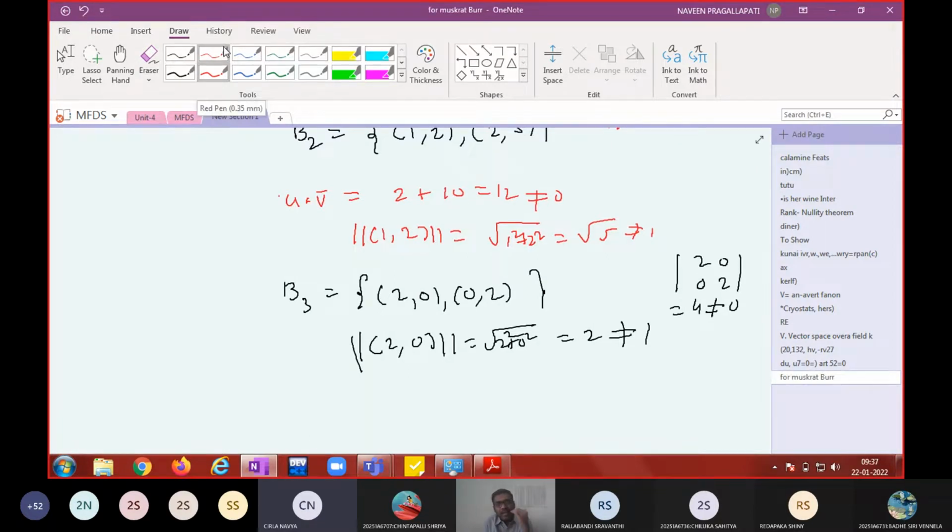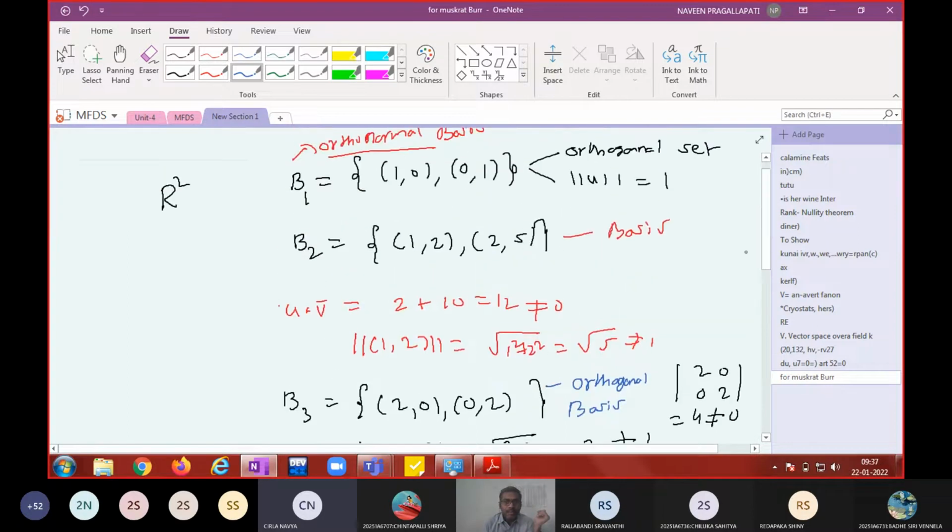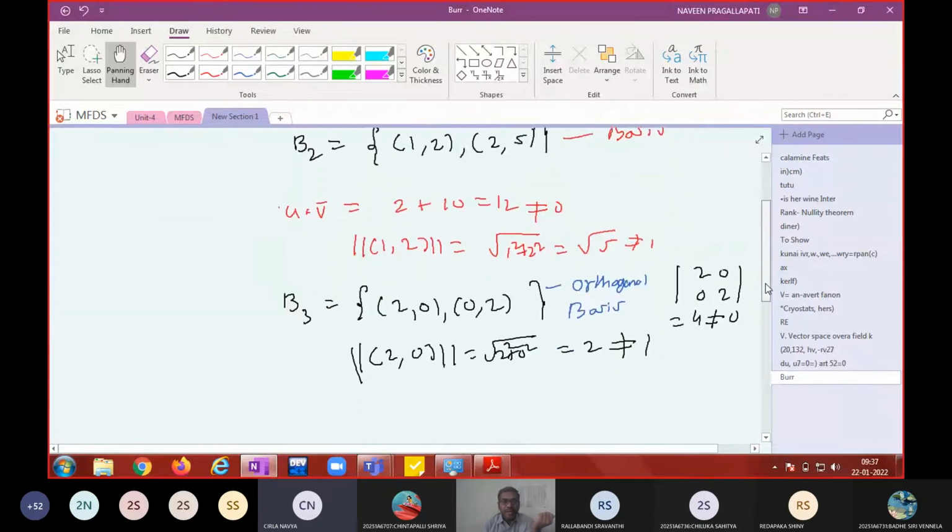So every orthonormal set is an orthogonal set, but an orthogonal set need not be an orthonormal set. So this forms an orthogonal basis. Now, if you have an orthogonal basis, it is easy to form the orthonormal basis. Why? You just divide each vector by its norm, then that becomes a unit vector.